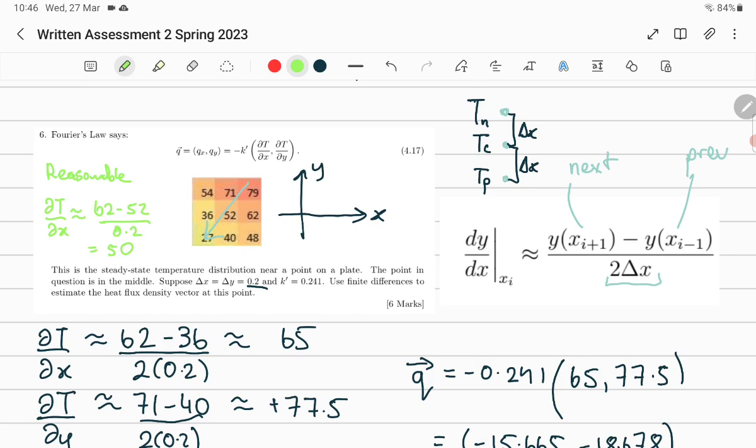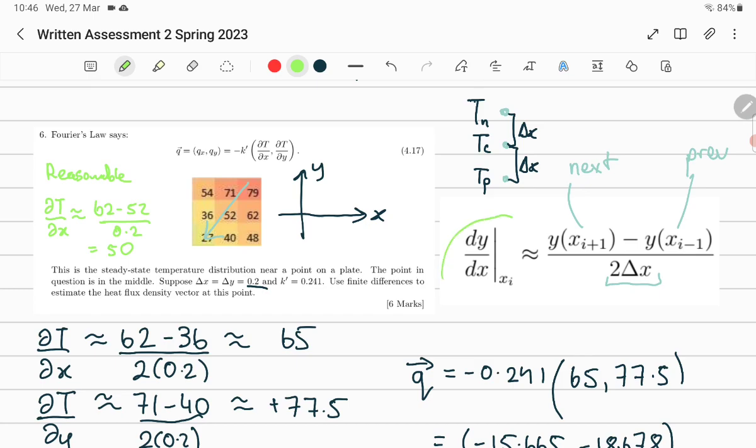And if you average those two answers, you get what's called the central finite difference. And that's worth doing. In this case, it's going to be a little bit more accurate, because you want to take into account the temperature difference on the right and the temperature difference on the left.